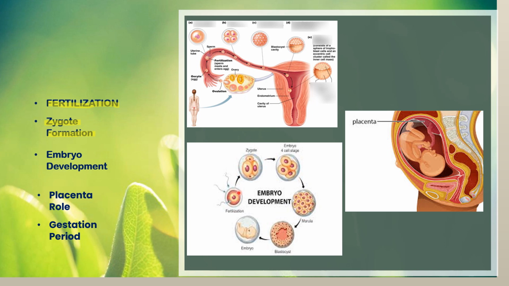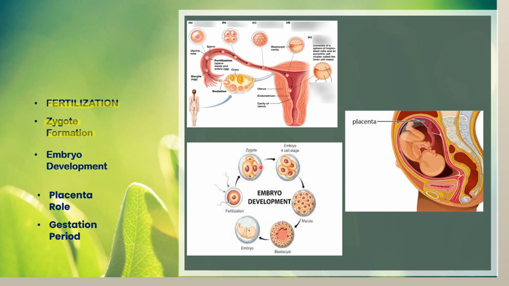Once the sperm enters the egg, it forms a zygote. This is what we call a zygote. During fertilization, the nucleus of the sperm fuses with the nucleus of the egg, which results in the formation of a single cell called the zygote.